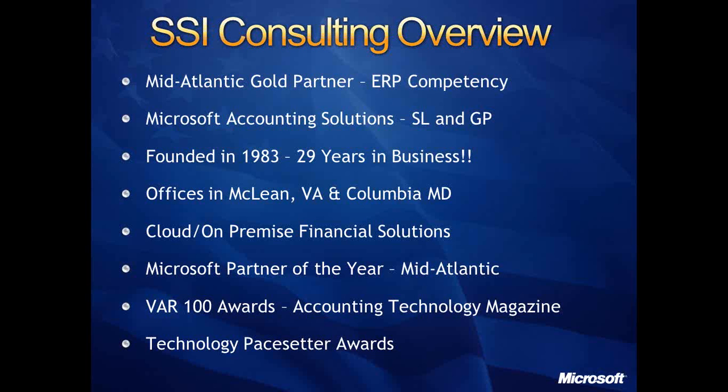So of the many hundreds of Microsoft partners in Pennsylvania, Maryland, DC, Virginia, Delaware, West Virginia, our firm was selected as the top partner. And we win awards regularly in our industry, two of which are the VAR 100 award and the Technology Pacesetter Award. So lots of experience, about 25 people and hundreds of customers that we've implemented accounting solutions for.